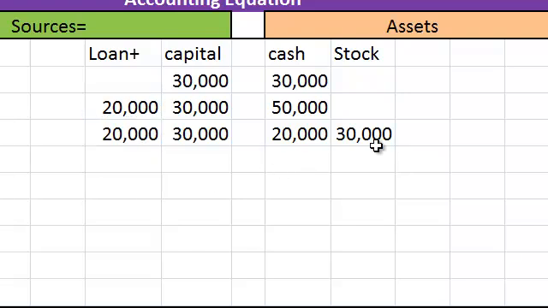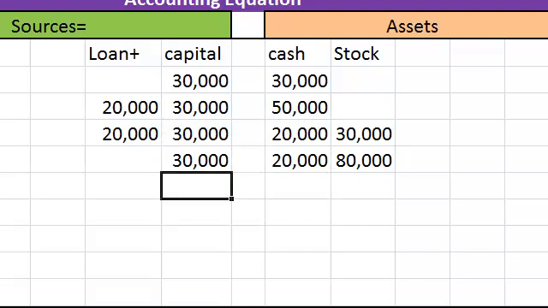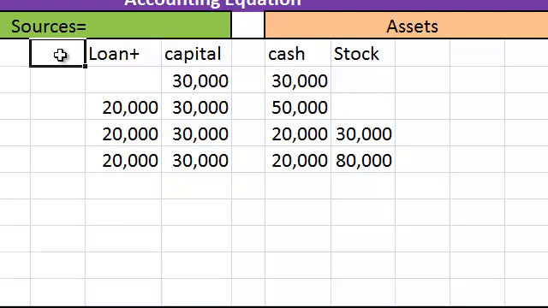Purchase stock on credit: once again the stock increases by 50,000, but no change in the capital, but a new liability comes into the picture, and that liability we give a name for the time being as creditors or payables, 50,000.